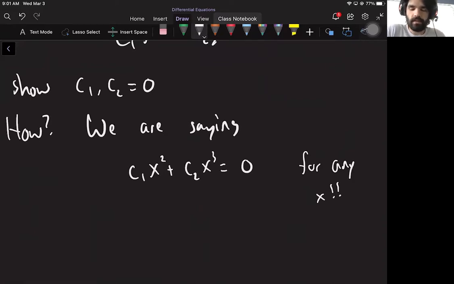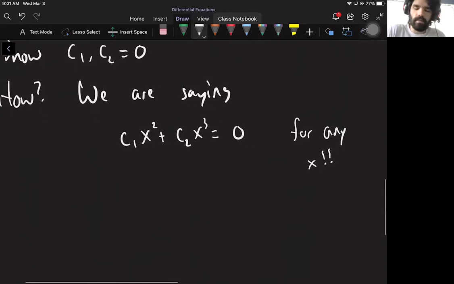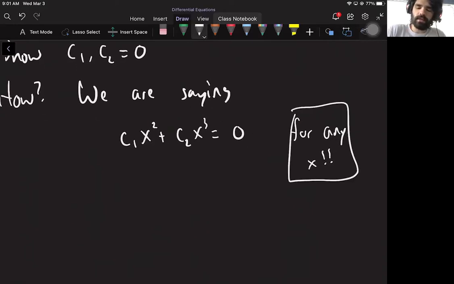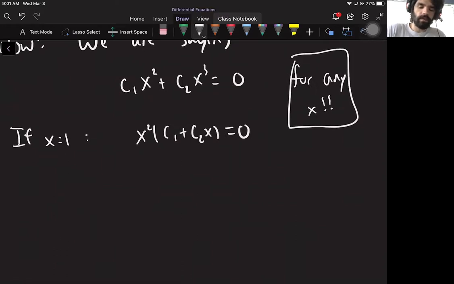If I can't, that means they're linearly independent instead. What we're going to do is use that this has to always work for any x, so pick a couple of x's. If x equals 1, well, first of all, I can factor out x squared to make things look a little bit easier. And if I want this to always be 0, that means I need to focus on this factor being 0.